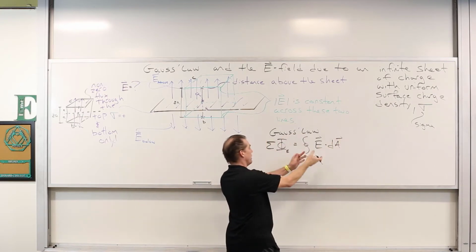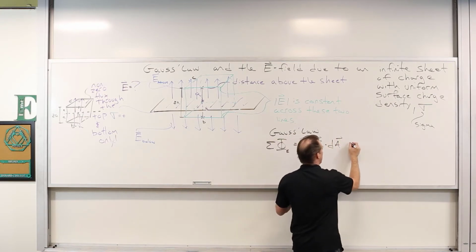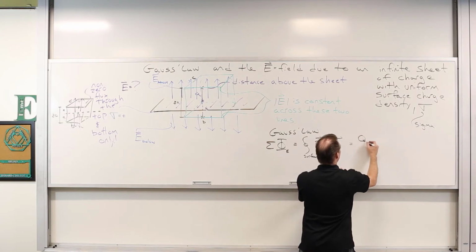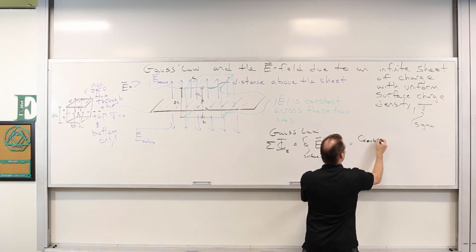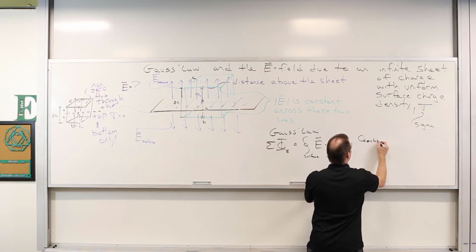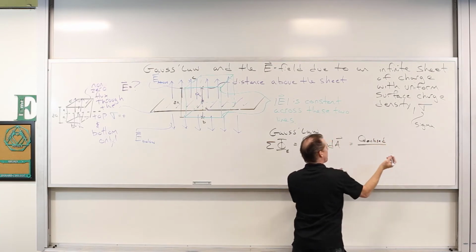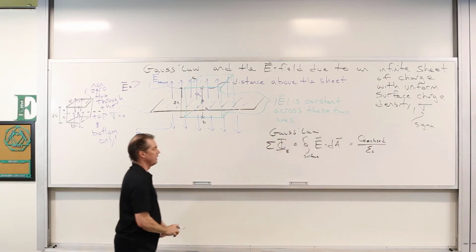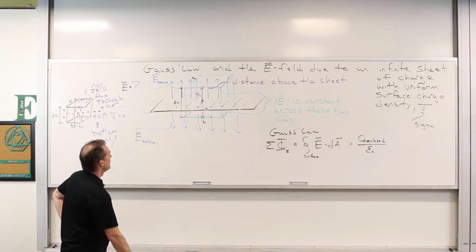That's the definition of flux through the closed surface. And that has to be proportional to the charge enclosed. So we've got Q enclosed divided by the permittivity of free space, epsilon 0, the constant of proportionality there.